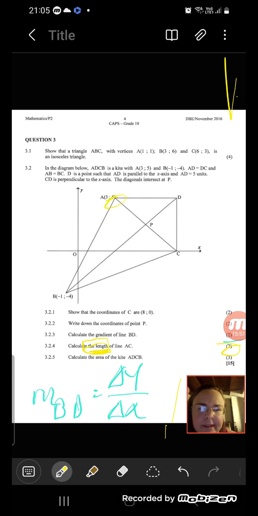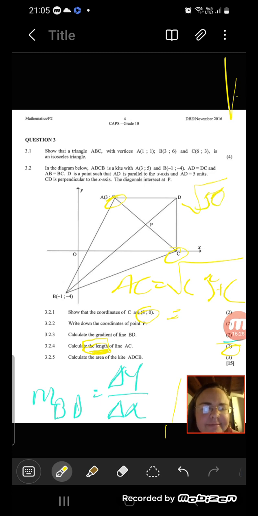Length of AC. I know that C is 8 and 0. So AC is equal to the square root of x1 minus x2 squared plus y1 minus y2 squared. AC is equal to some fantastical number. What number could it be equal to? I'm going to say square root of 50. Cool.